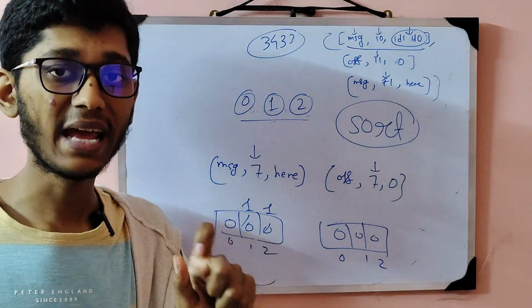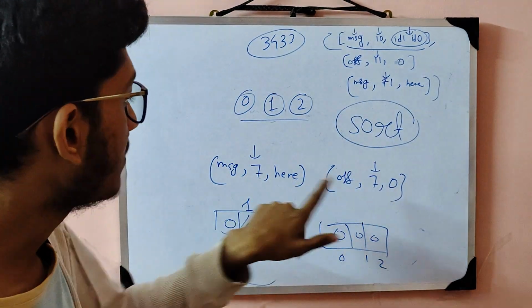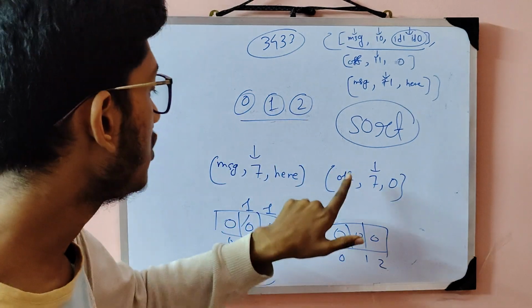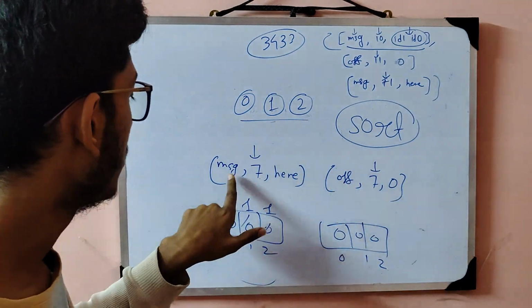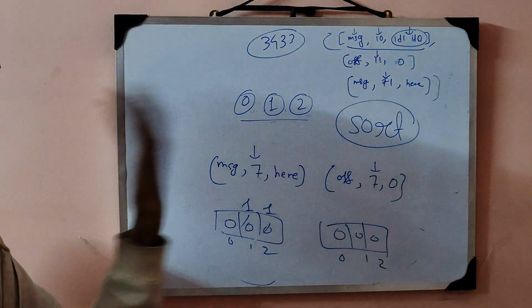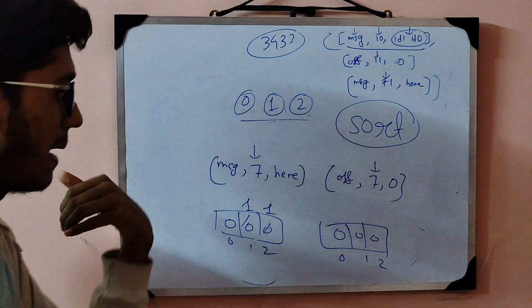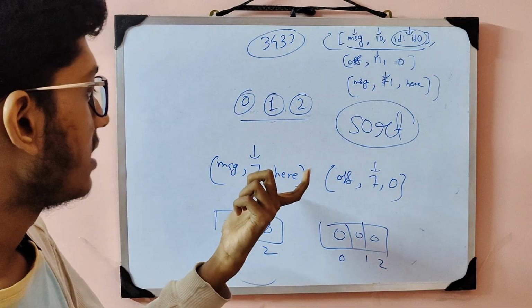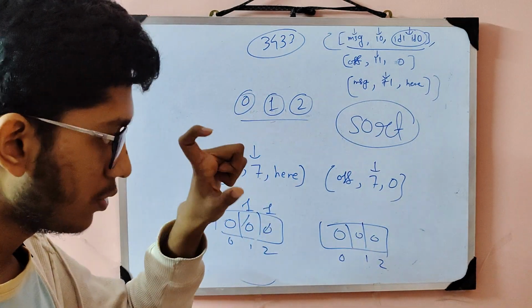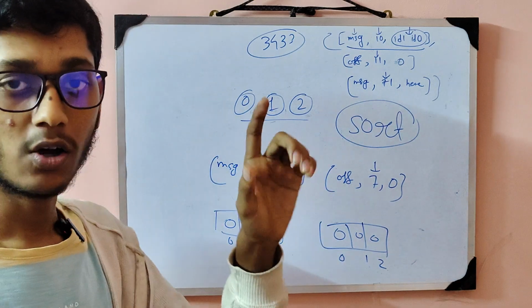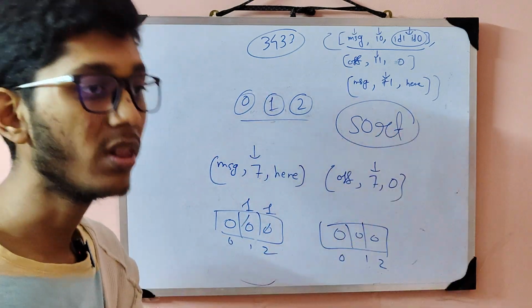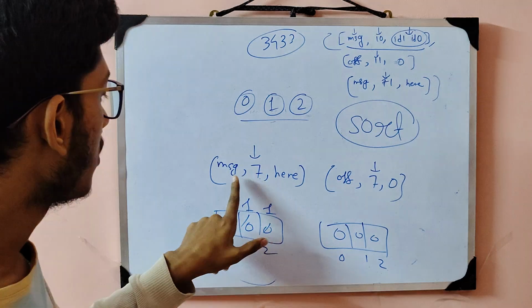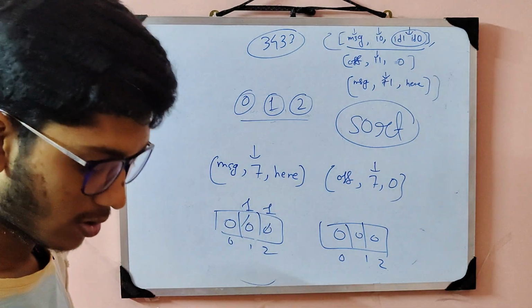So here you get another clue: if the timestamps are equal, you need to sort according to the type, offline or message, and the offline should come first. Why should it come first? Because the question states that you should consider the offline or online changes before considering the message.